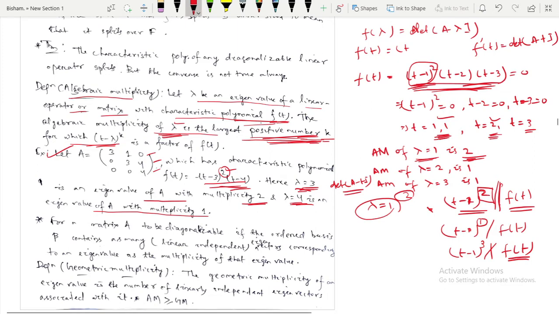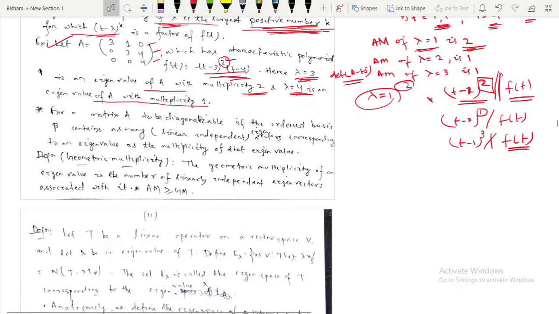Similarly, what will be your geometric multiplicity? Also we discussed in the last class, the geometric multiplicity of an eigenvalue is the number of linearly independent eigenvectors associated with it. In the above problem, lambda equal to 3 is repeated twice, so its algebraic multiplicity is 2.